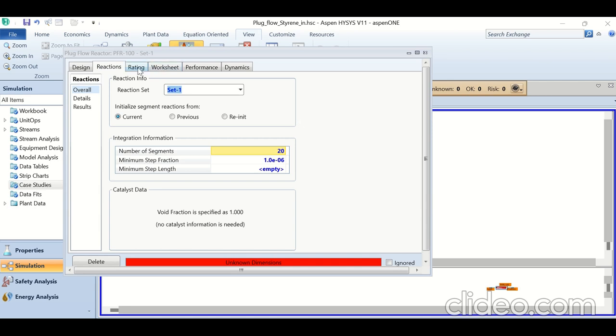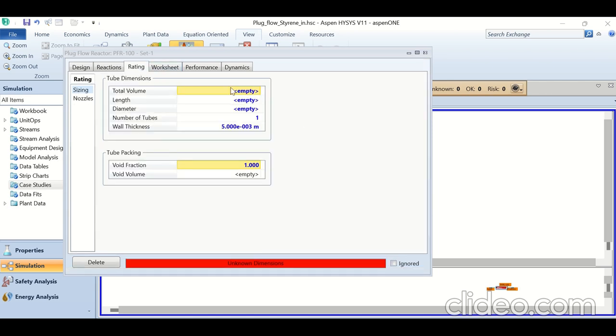Now go to rating. The total volume is 5.655 meter cube, length is 4 meter, and there are 500 number of tubes, and the void fraction is 0.45.